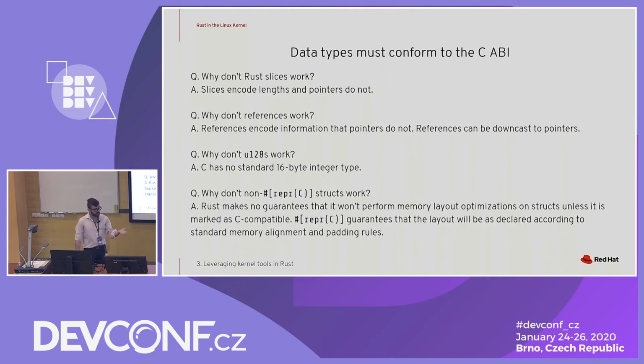So slices will not work because they encode length and pointers do not. References also encode additional information that pointers do not. We're not going to be able to use u128s because C does not support those at the C-ABI level. And we're also going to have to mark those structs as explicitly C-ABI compatible because of memory optimizations that Rust will do for us.